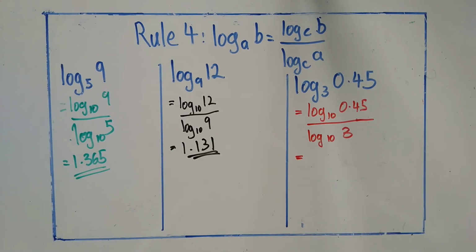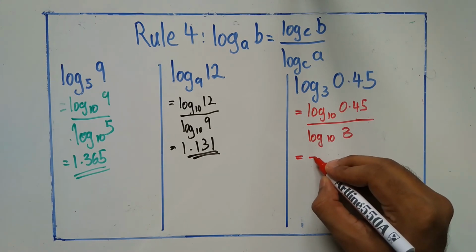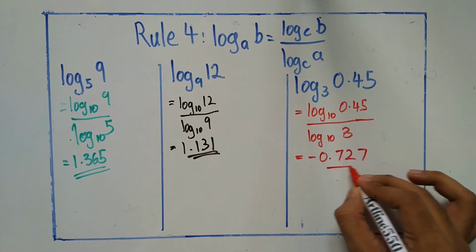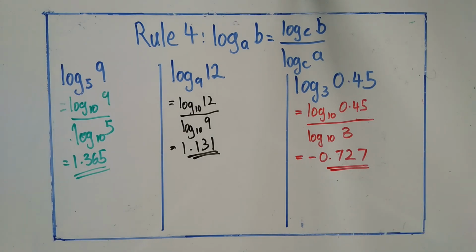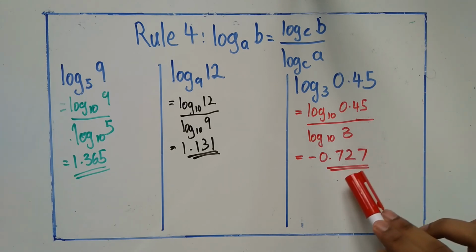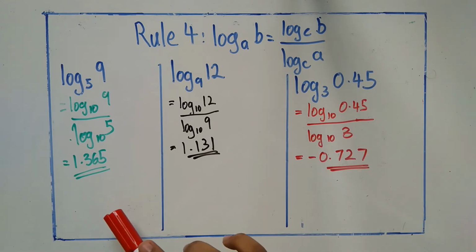This will give us the value of negative 0.727. Because of the change of base rule, we can convert it into a value that we can calculate, as shown in the examples.